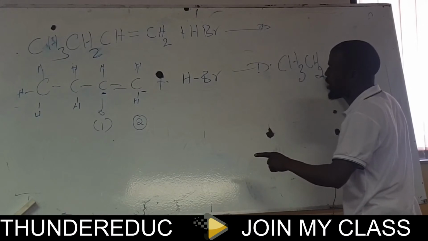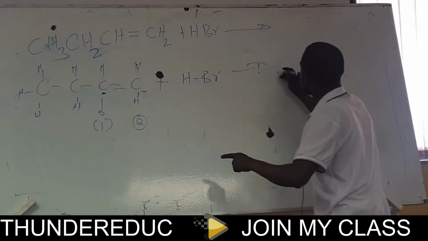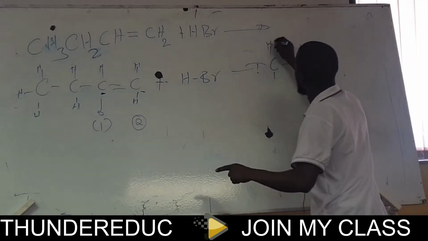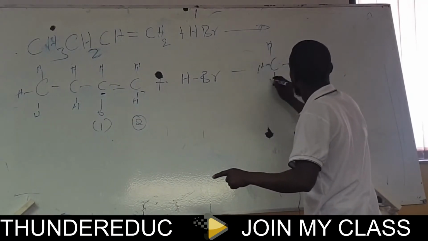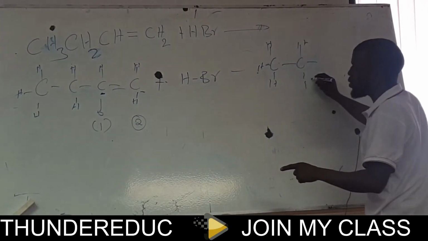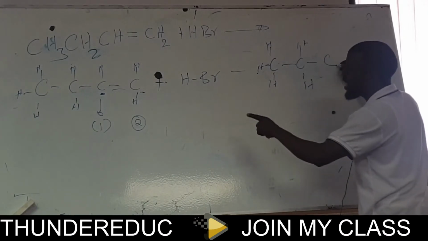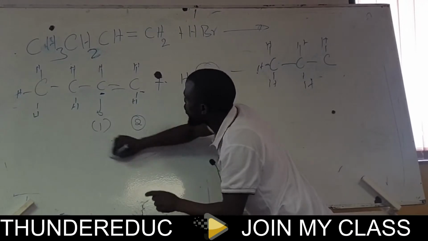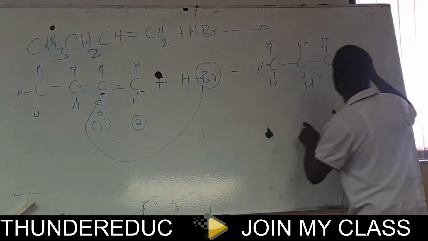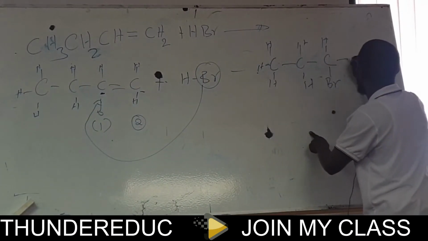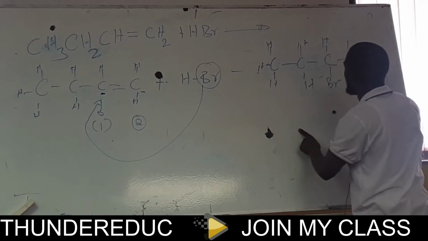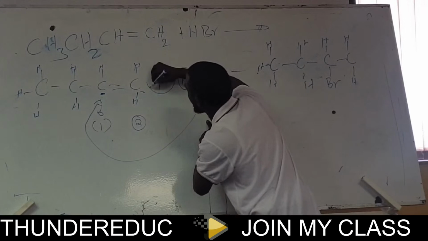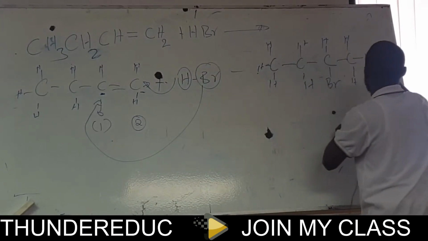CH3CH2. Okay, let me draw it the way it is. CH3 here. Now see, you have the hydrogen there. This is going to go here, and then I have bromine here, and then I'm going to have CH2, and then this hydrogen is going to come there, and then I'm going to have CH3.